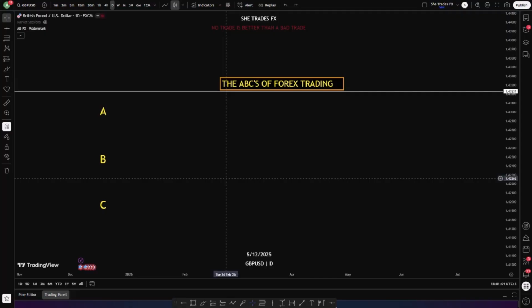So the ABCs of forex, like I was saying, take yourself to be a child. Come into this and focus on the foundational bit of it. There are a lot of people that come into this game and they always put a time limit.